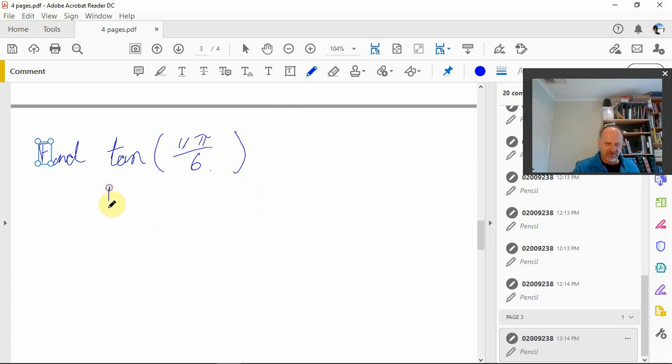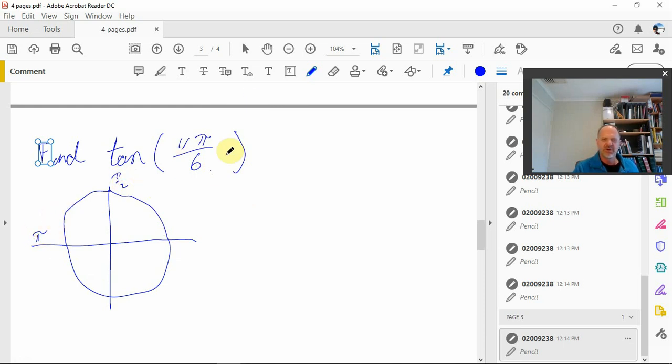So let's have a look. 11 pi on 6, where would it be? Okay, so remember that's pi on 2. That's pi. Now, in terms of pi on 6, that would be 6 pi's on 6, wouldn't it?